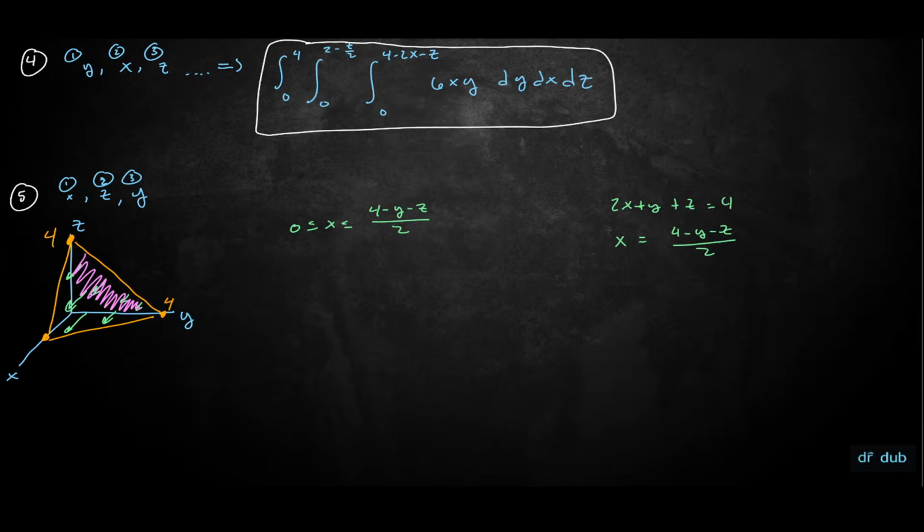So now let's draw that triangle in the yz direction. We have y, we have z, but now both of them are 4. So the line equation is going to be a little different.